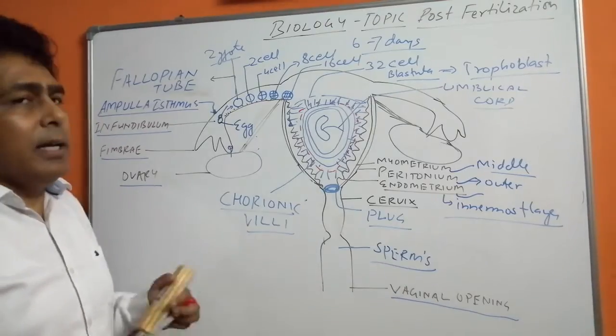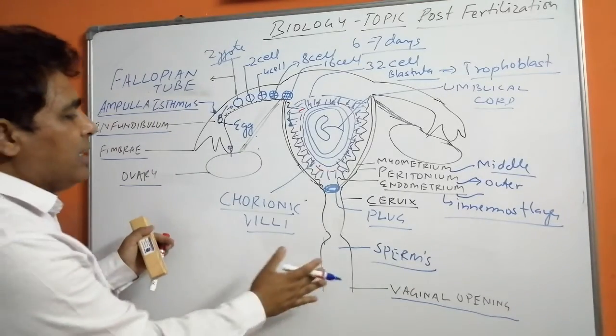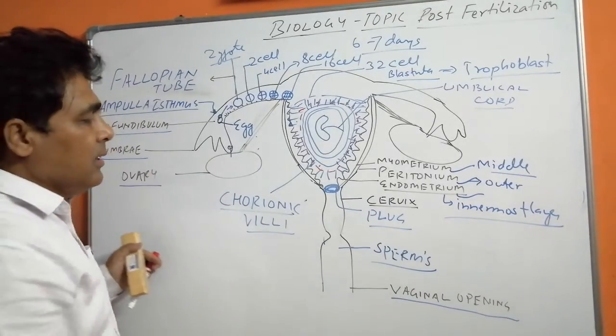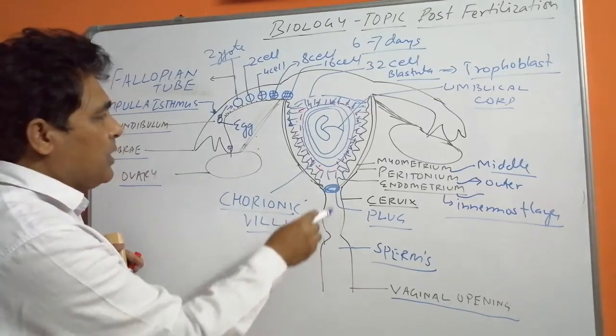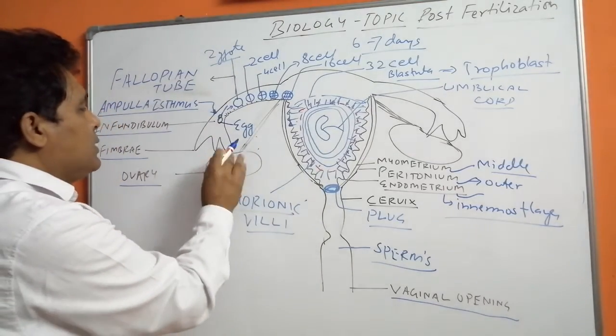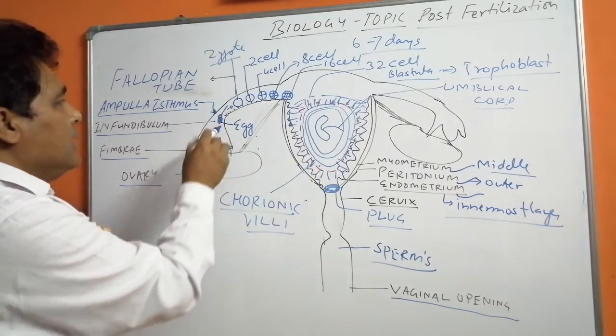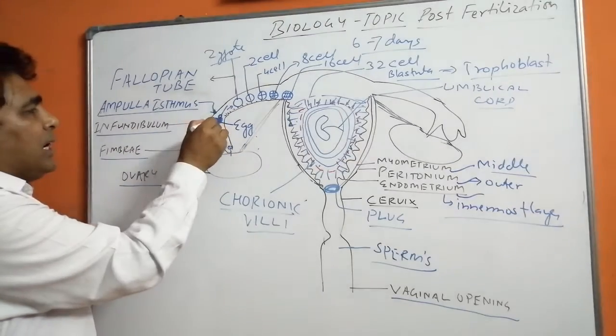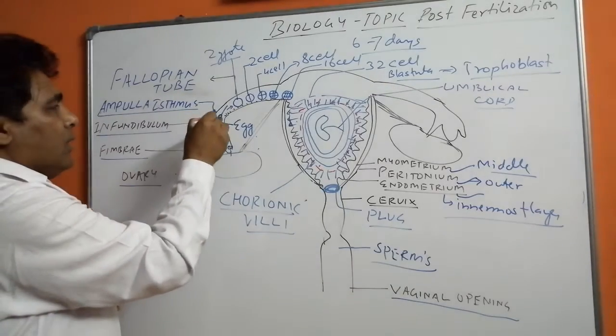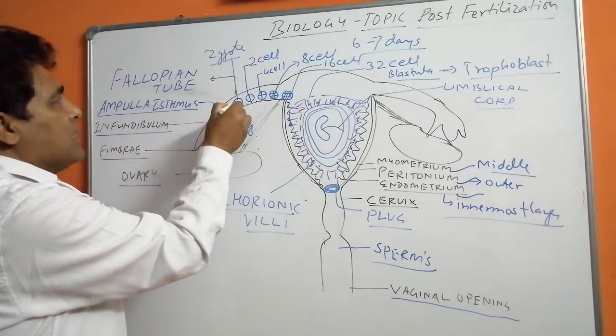So now let us recap again. First of all, when there is unprotected sex or coitus, the sperms are going to pass and these sperms are going to then fertilize the egg. When the sperm fertilizes the egg, then it becomes a zygote.